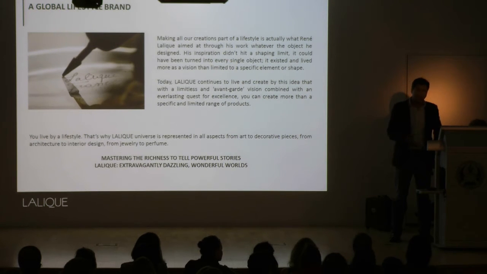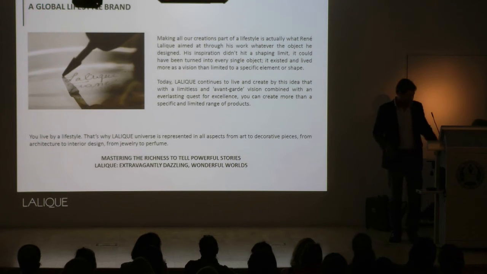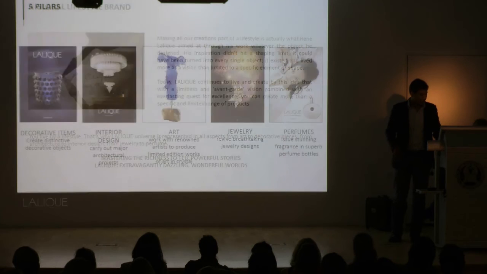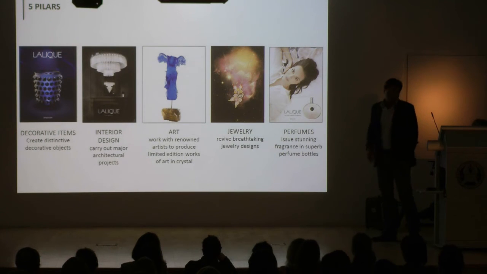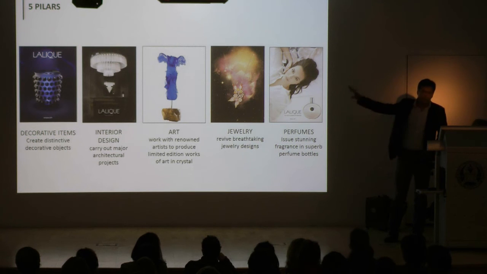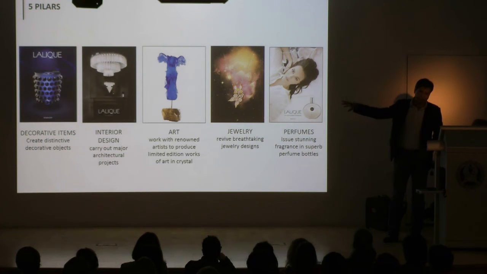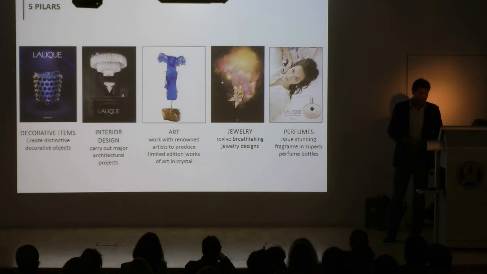So we are bringing all this expertise into what we call our 5 pillars. You will see the different types of creations and products we are developing today. First, the decorative items: that's purely the crystal tradition and the crystal objects, and in that category we also have glasses.